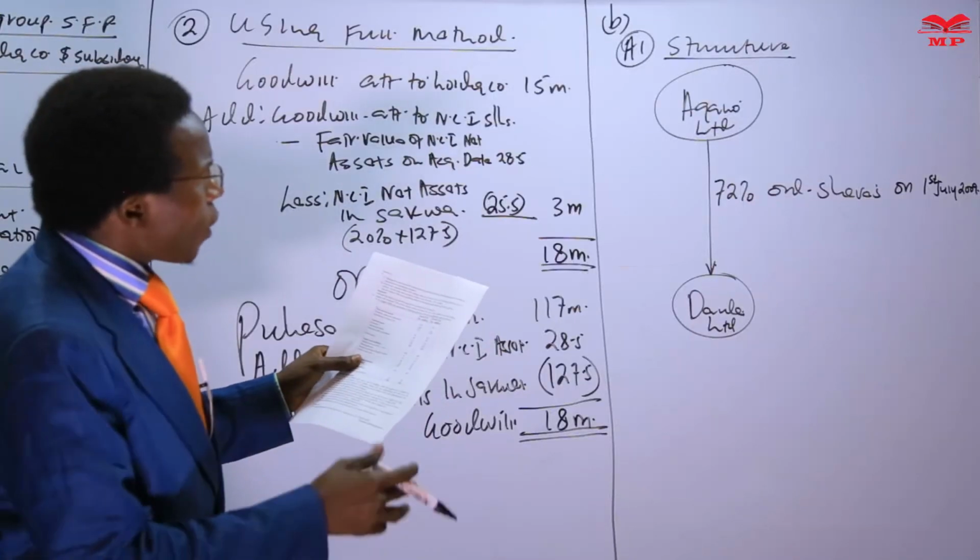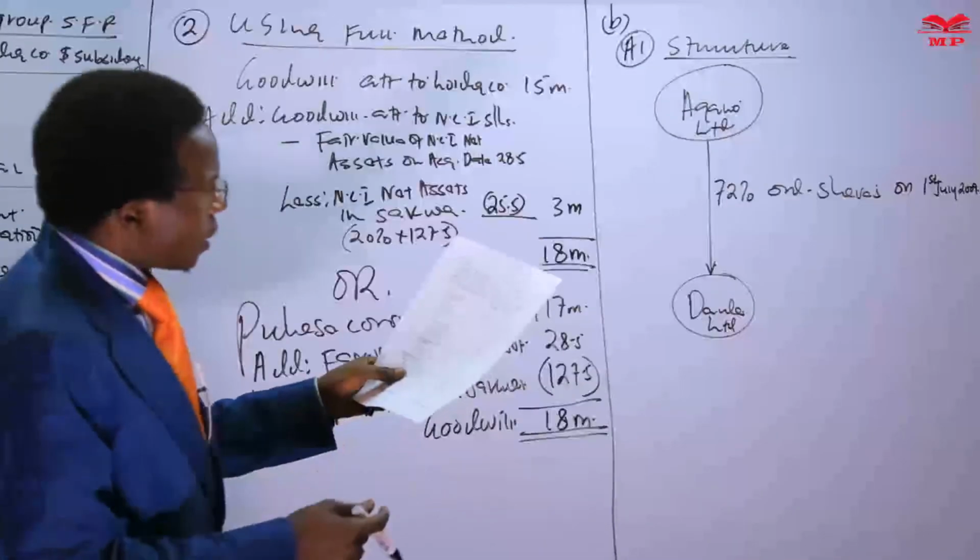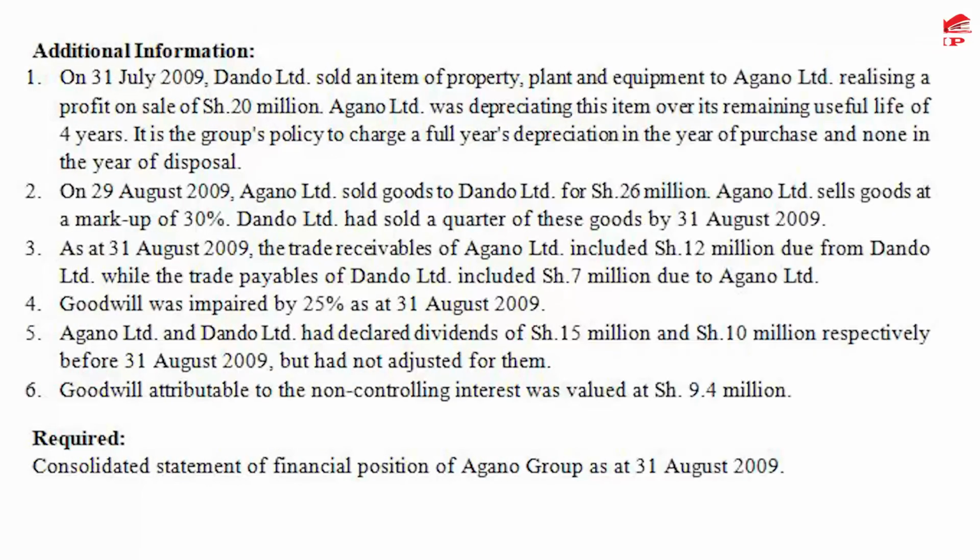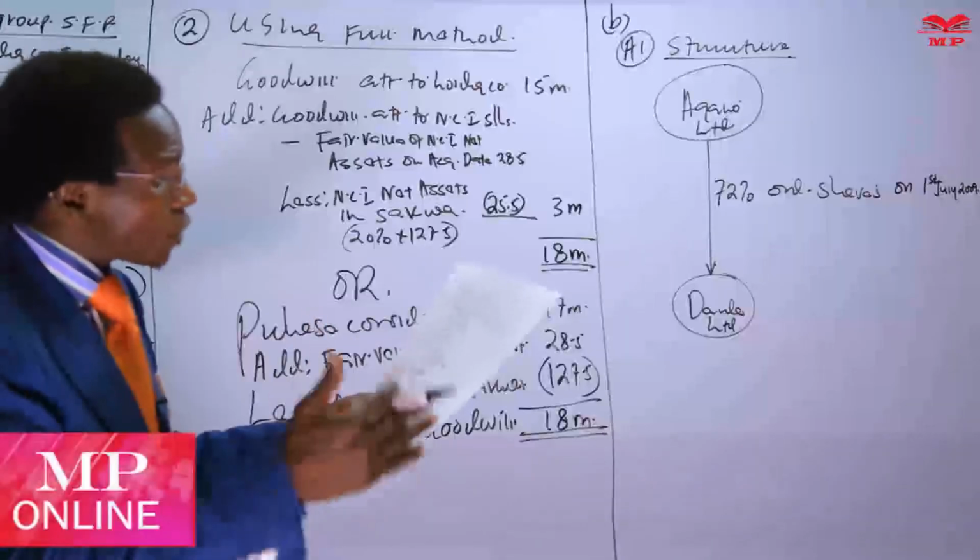We have been told the acquisition date is 1st July 2009, and we were told that we are to prepare the financial statements as of 31st August 2009. So how many months are the post-acquisition period?